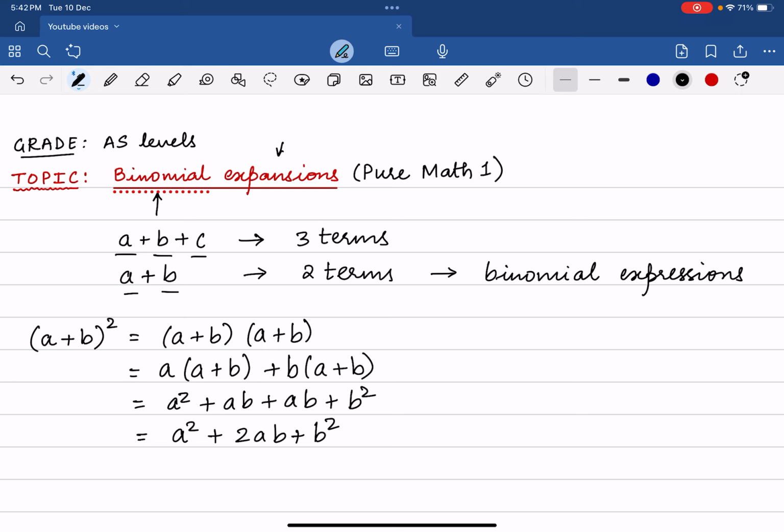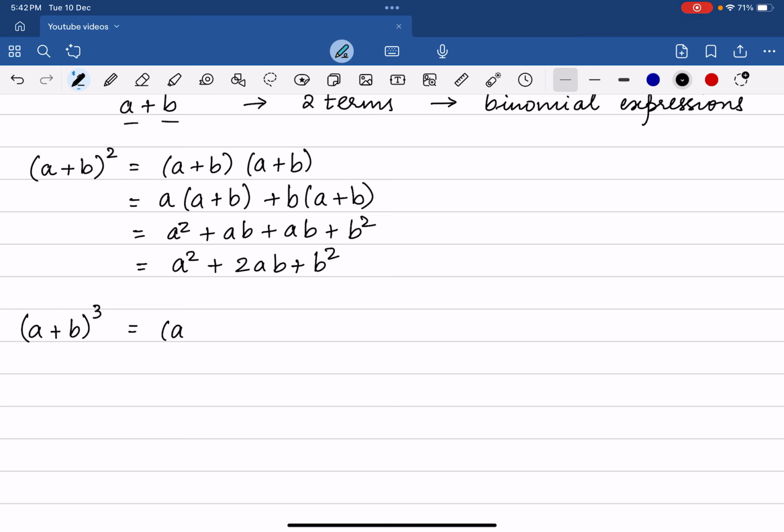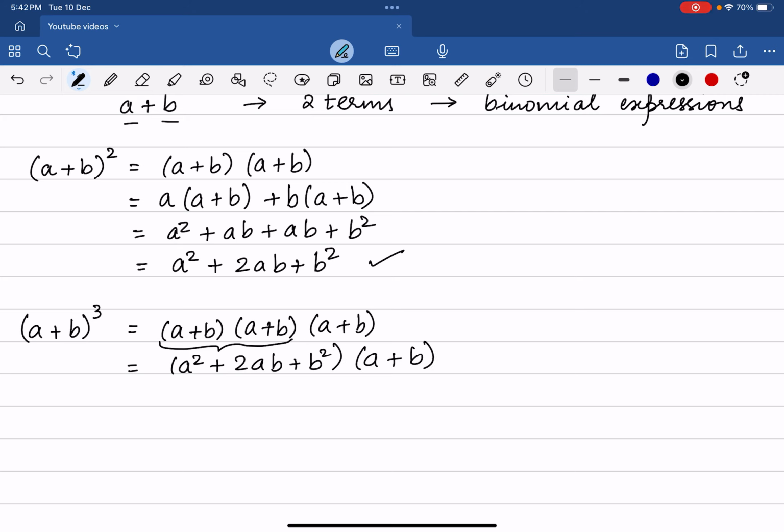Okay, fine. Similarly, if you have a plus b the whole cubed, a plus b the whole cubed would mean a plus b multiplied with a plus b multiplied with a plus b, that is a plus b the whole cubed. We already saw what is the expansion of a plus b and a plus b. So I would directly take this over here and write it as a square plus 2ab plus b squared times a plus b.